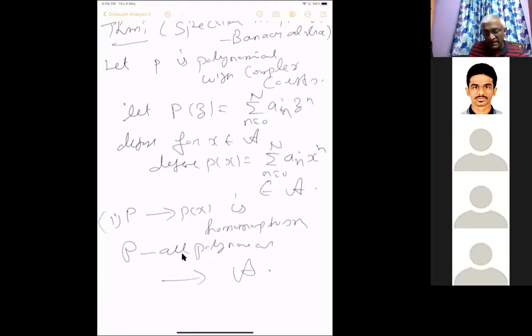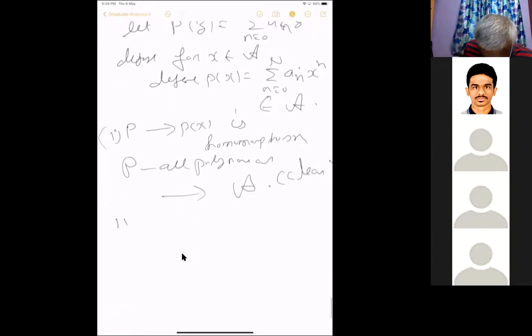It involves only the powers of x, and they all commute, so it's commutative, and because of that it's a homomorphism. This is clear. The second part is what is called the spectral mapping theorem.